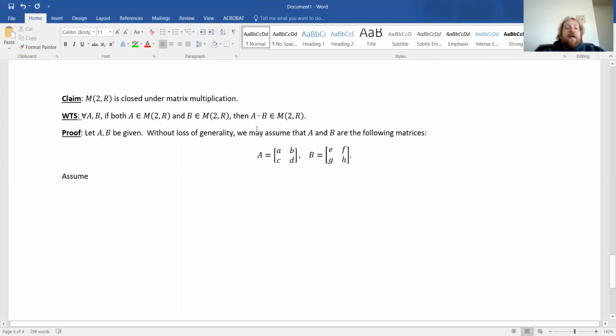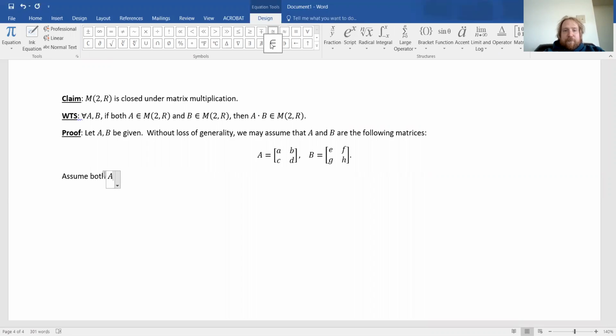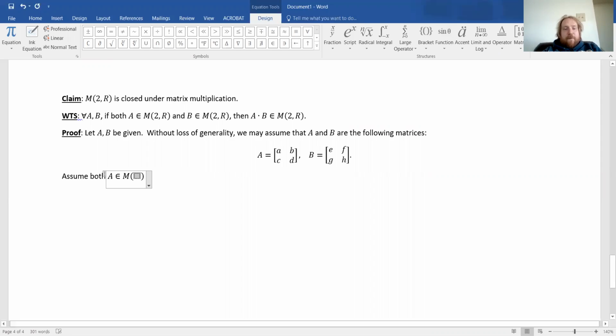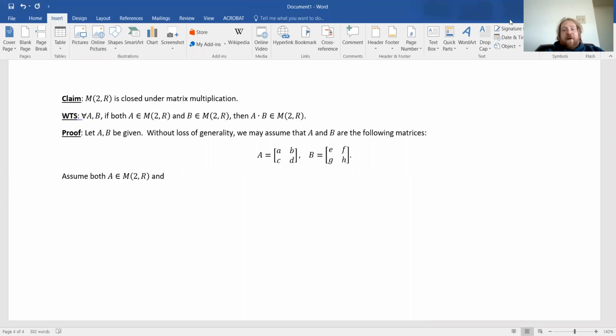Now that we've let A and B be given and unraveled it, we'll assume the if part. So assume both A is in M2R and B is a member of M2R.